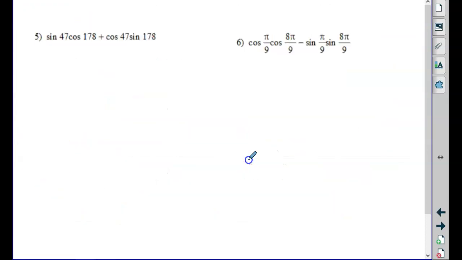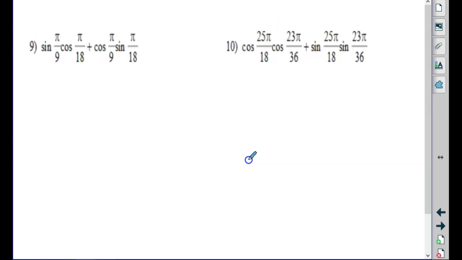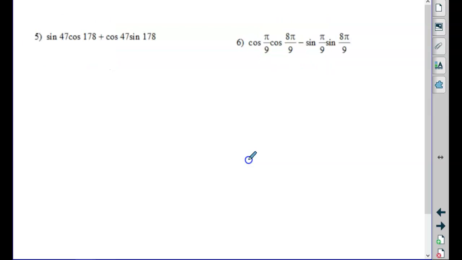All right, I am going to move down and talk about, let's do a radian one for fun. Let's do number 6, cosine, cosine minus sine, sine.